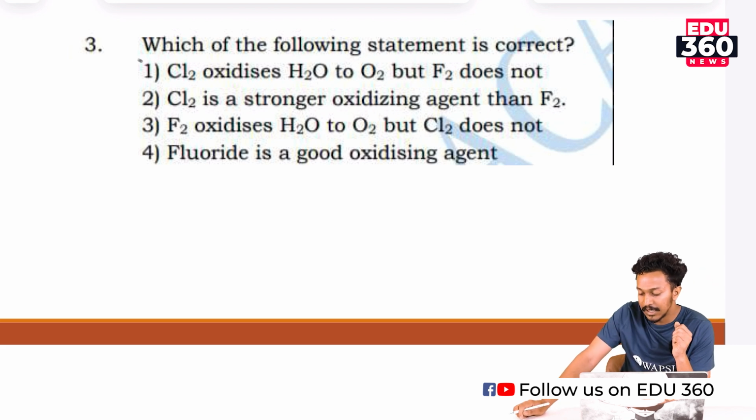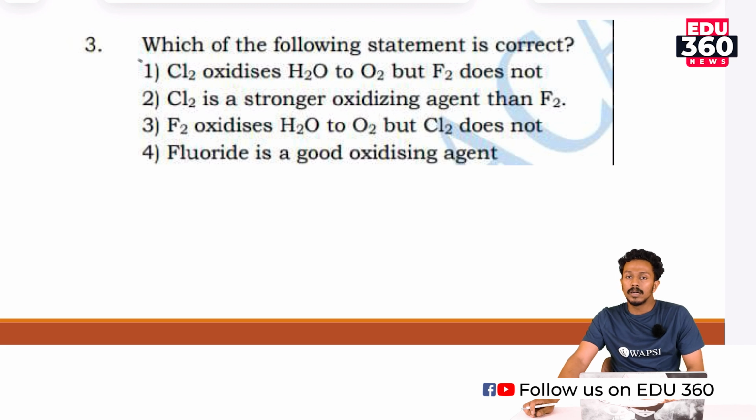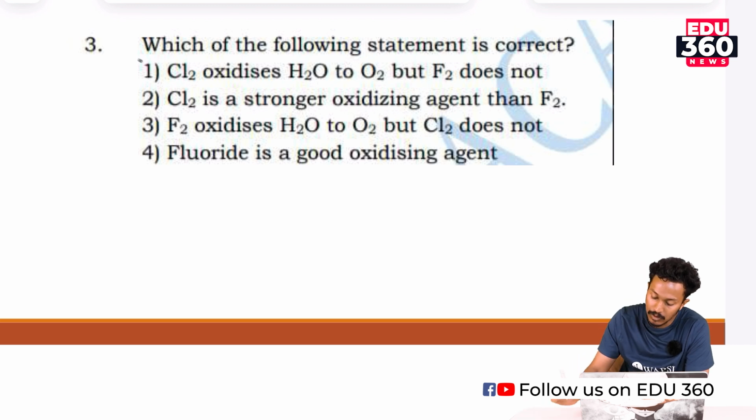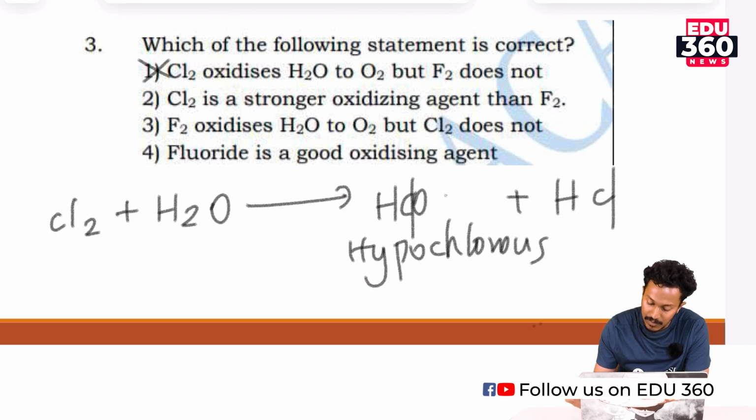Which of the following statements is correct? Chlorine oxidizes water to oxygen, but fluorine does not. Here, chlorine oxidizes water to hypochlorous acid and hydrochloric acid, not to oxygen. So, option 1 is wrong. Let me explain the first reaction here.